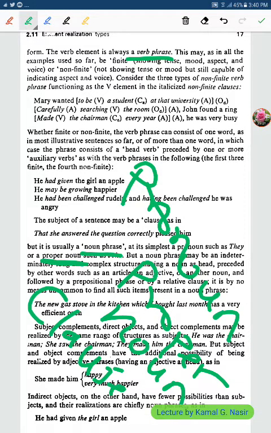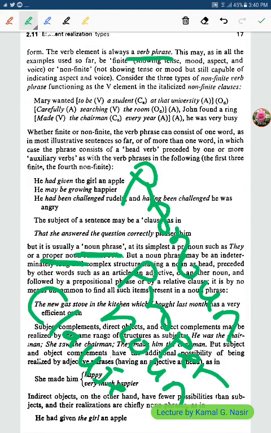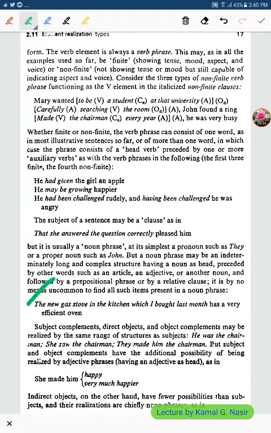So the subject, the noun phrase can be one word, noun or a pronoun, and can be more than one word. We call it clause. The new gas stove in the kitchen, which I bought last month, has a very efficient oven. Right?